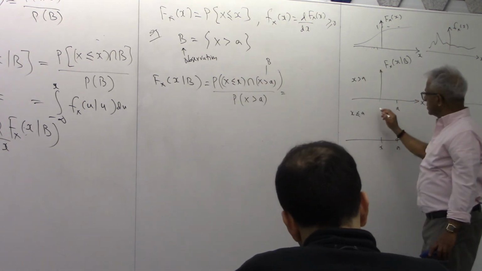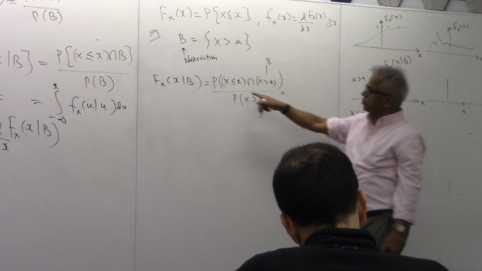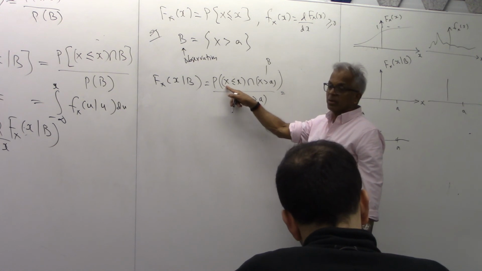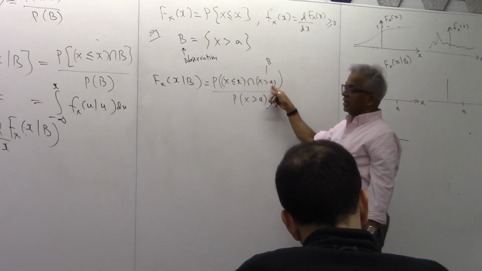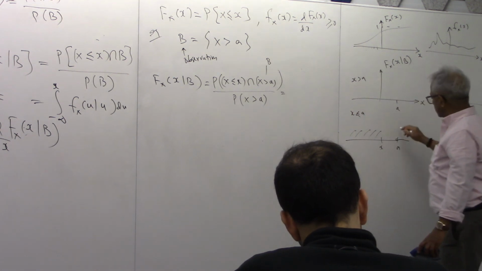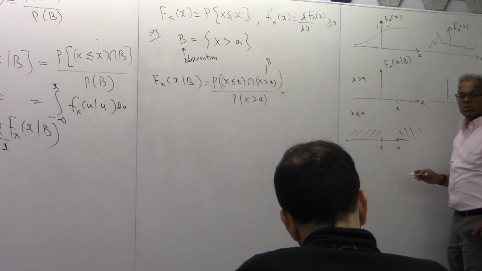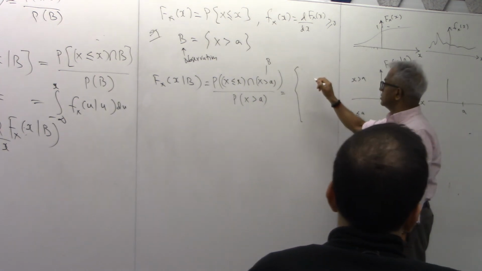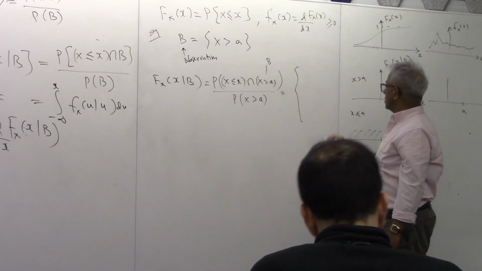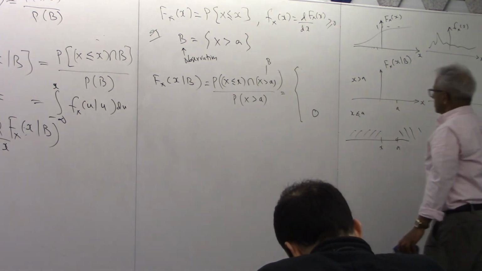One is where the random variable capital X falls in this region, and the other is where the random variable occurs beyond a, so that's here. What's the intersection of these two? The null set. So in this case the numerator is 0, so the probability is 0.